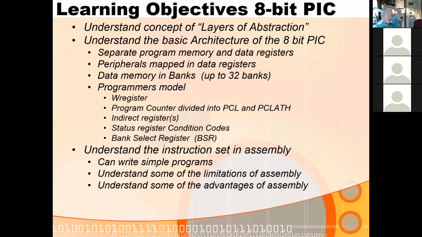So, but C, a single C instruction can be translated perhaps into one single assembly language instruction, or a single C instruction might be translated into 20 or 30 or 40 assembly language instructions.